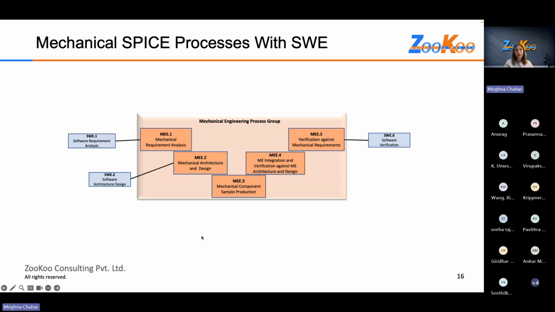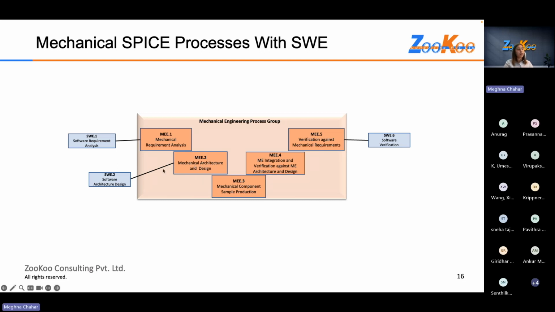In SWE.3 we used to have one dedicated detailed design process, and then unit construction. Now what they have done is take out the detailed design part, or the fine drawings or diagrams, and consider that in MEE2 itself. Yes, in detail, I will be discussing this process later.